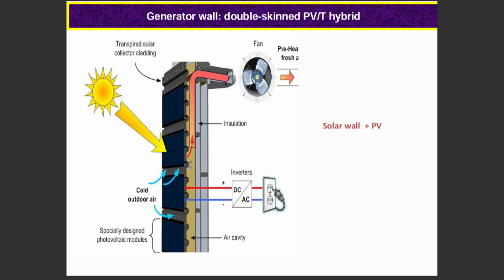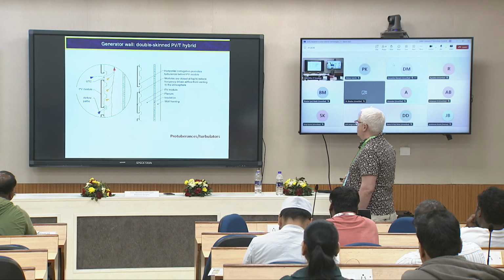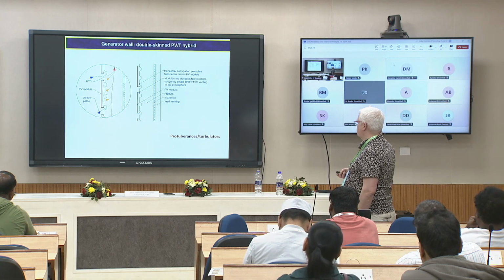Other kind, which we didn't develop, other kind of PV, BIPVT, hybrid integrated. So it's a mix with finally the solar wall that I showed you previously. You can see the inlet in between the PV modules and PV facade. So it's also interesting.